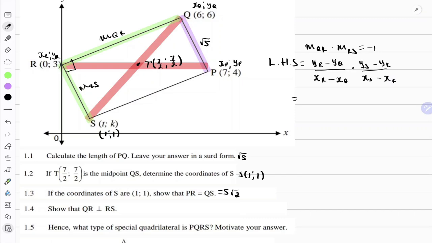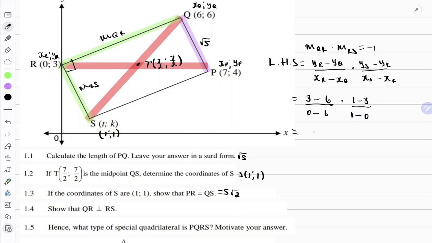So YR is 3 minus YQ, which is 6, all over XR is 0 minus 6, times YS is 1 minus 3, YR is 3, all over XS is 1 minus 0.